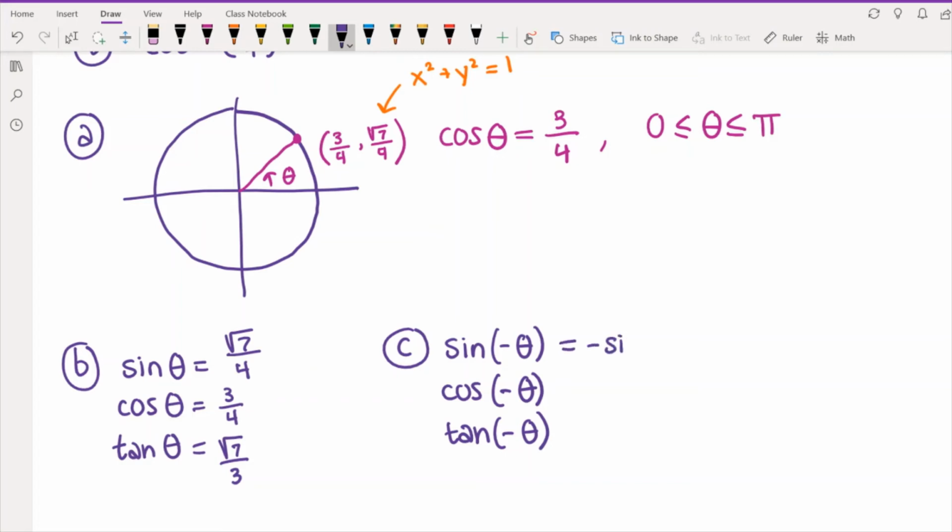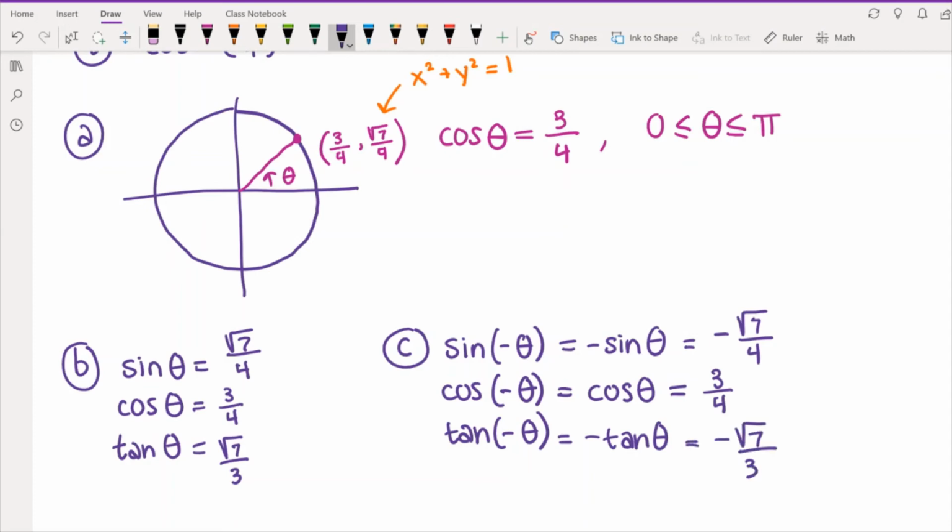And so sine of negative theta is going to be the opposite of sine of theta. So it's going to be negative square root of 7 over 4. Cosine is an even function. So cosine of negative theta is going to be the same as cosine of positive theta. So you get 3/4. And then tangent is also odd, so it's going to be the opposite of tangent of theta, and so it's going to be negative square root of 7 over 3.